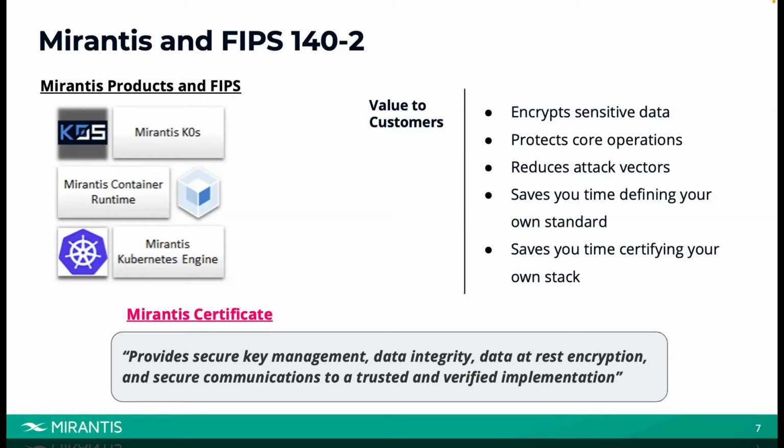One level up, the Mirantis Kubernetes Engine, which is the orchestration layer including both Kubernetes and Swarm, is also FIPS 140-2 verified, so the communication between the API and the kubelets is all locked down. And there's also k0s, a lightweight Kubernetes engine. This is more of a standalone Kubernetes. It's upstream CNCF certified and can also be used for edge use cases.